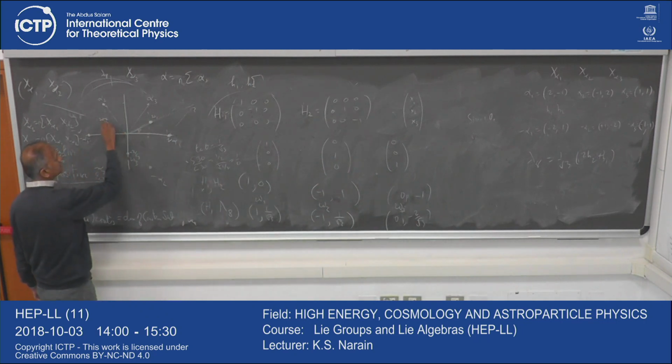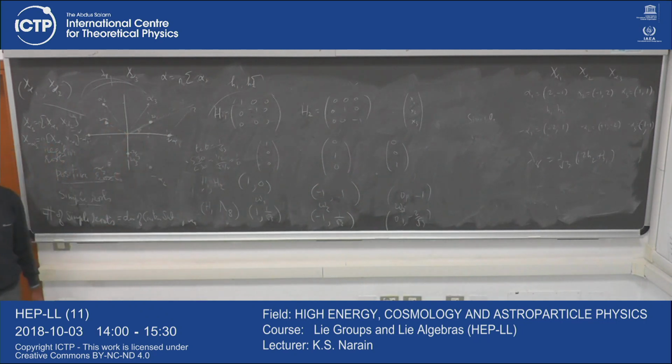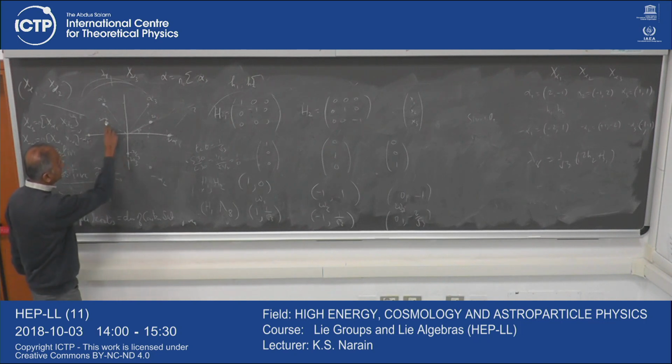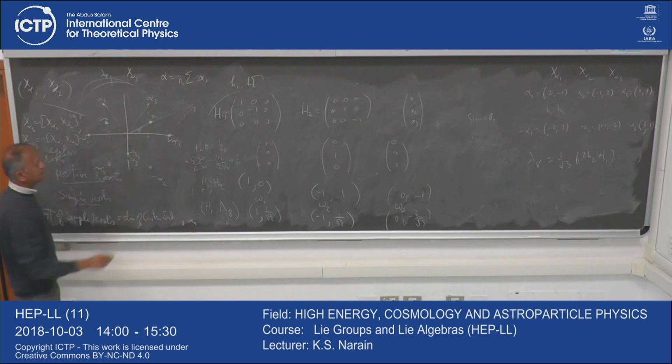So this length is the same as that length, same as that. That's because we are plotting the lambda 8. If you plotted with h1, h2, it would not be any such thing. Okay. Now this is again a beautiful diagram. It's a kind of equilateral triangle. And these are the things here.